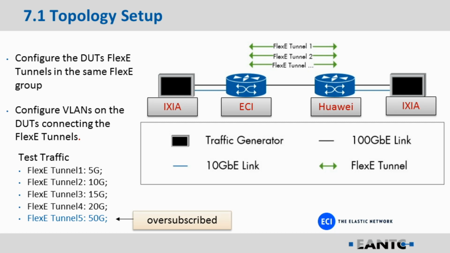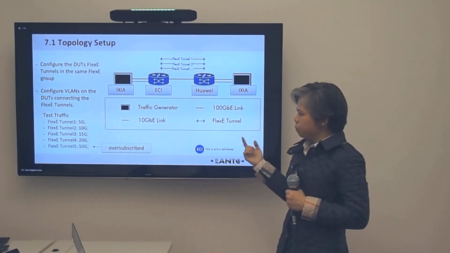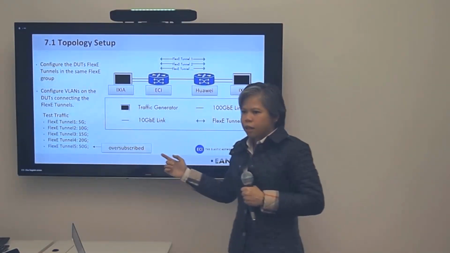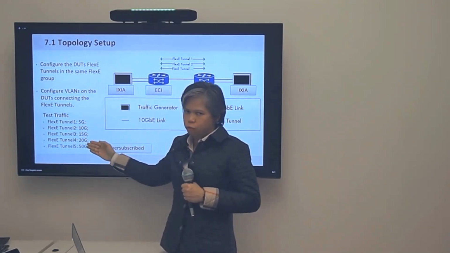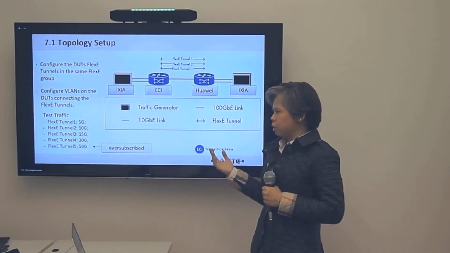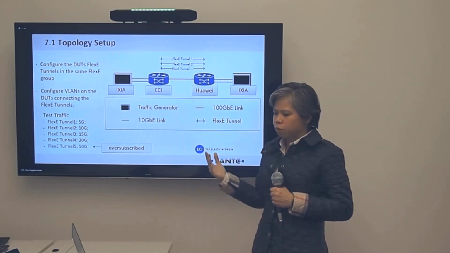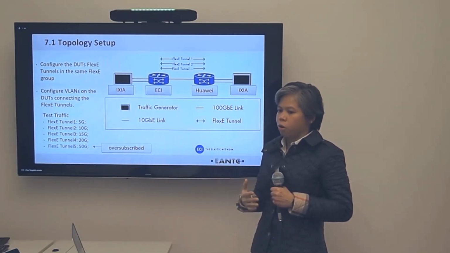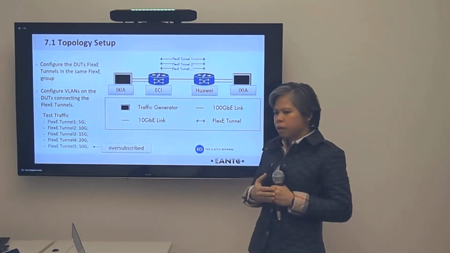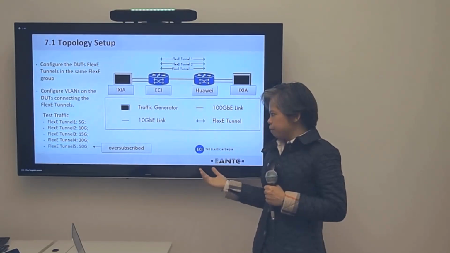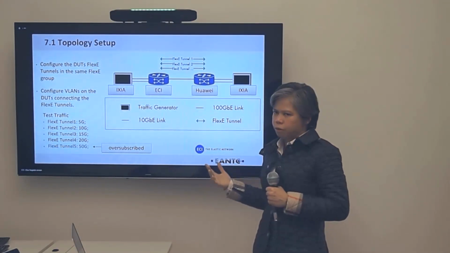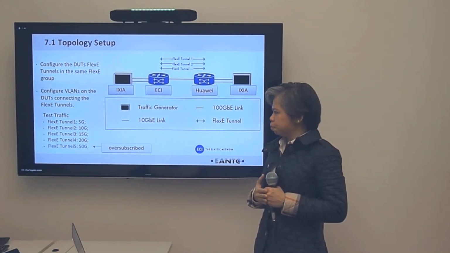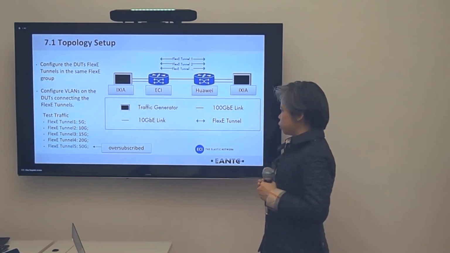So what is the purpose? We'd like to show you that when we oversubscribe tunnel number 5, it doesn't affect tunnels 1, 2, 3, and 4, because we are doing hard isolation. If you're doing hard isolation or hard slicing, oversubscription on one tunnel shouldn't affect the other channels. That is what we are showing here.